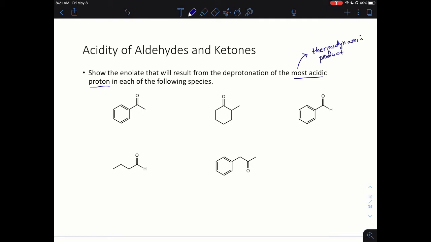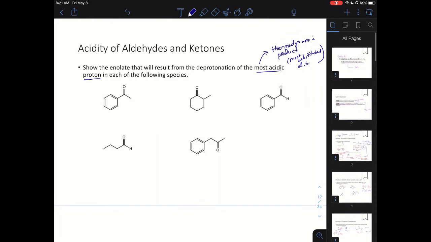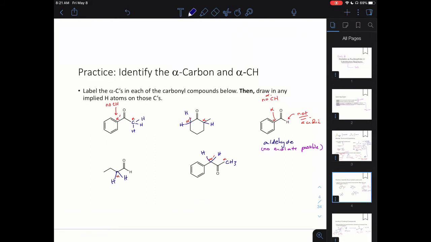And for enolates, we are thinking about the most substituted double bond. So these are the same molecules that you analyzed back at the beginning of the lecture. So you've already analyzed their alpha carbons. You know which ones have acidic hydrogens and which ones do not. So you might refer to this slide.